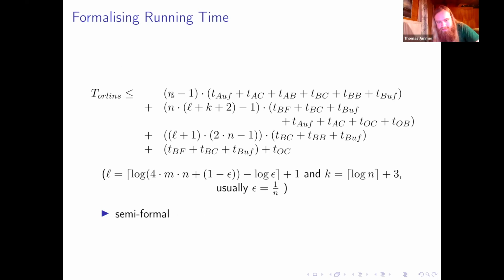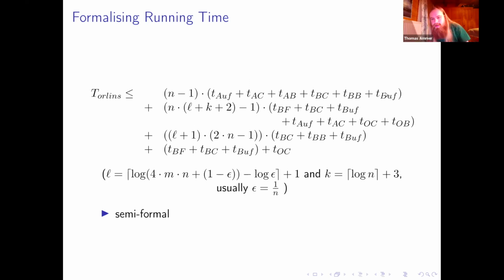On the one hand, we have the n, the l, and the k, which are all depending on the size of the graph, because n is the number of vertices, m is the number of edges. And on the other hand, we have those t's, which are times that we need to execute basic parts of the program. For example, the time we need to check a loop condition once, or the time we need to execute a loop body once. And that includes the time for path selection.